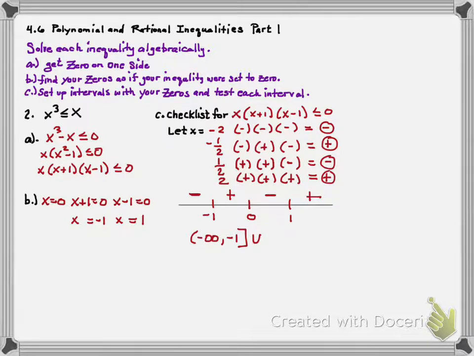So let's go with 0 and 1, brackets on both, right? Those will give us our negative values. Any numbers within these intervals will satisfy our original inequality. All right, moving on to the last one.